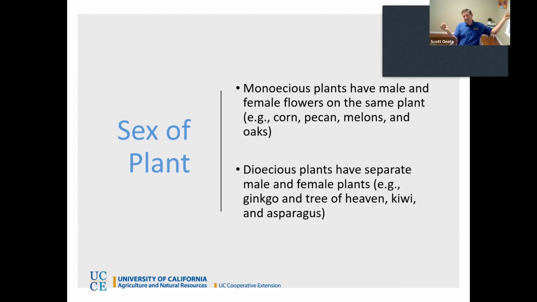And then you're going to have completely separate plants that are female that just have those pistillate flowers. So some examples of those would be, if anybody has ever had a ginkgo tree, you'll have male ginkgo trees and female ginkgo trees. Kiwi is another, if you've ever grown kiwi or have seen kiwi plants, you'll have male plants and female plants. And same with asparagus, you'll have males and females.